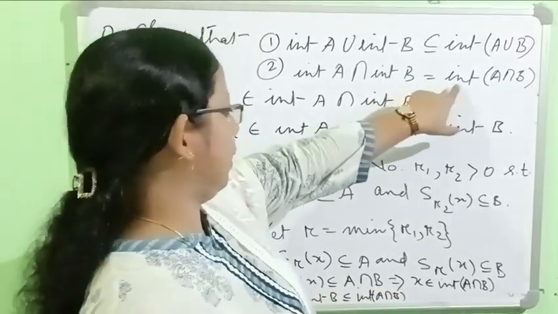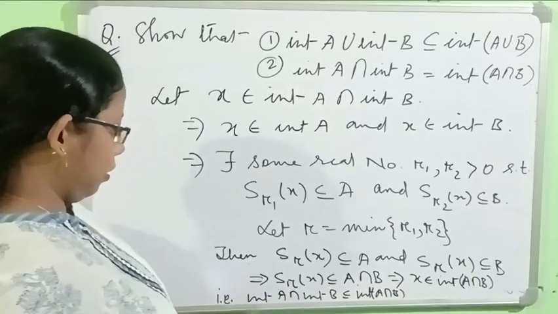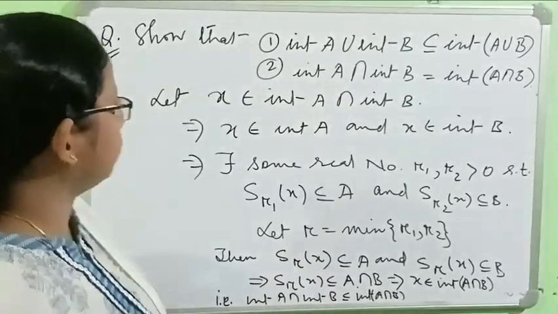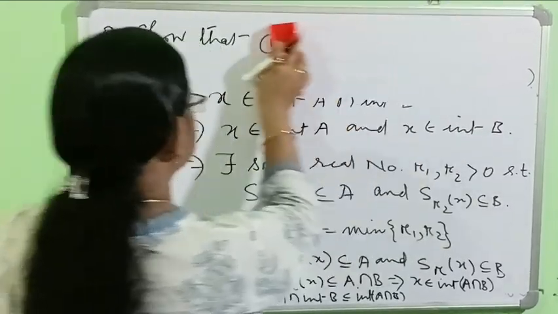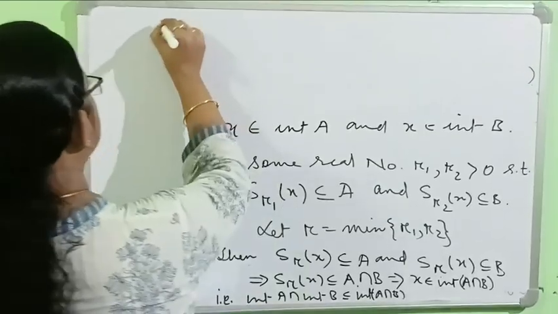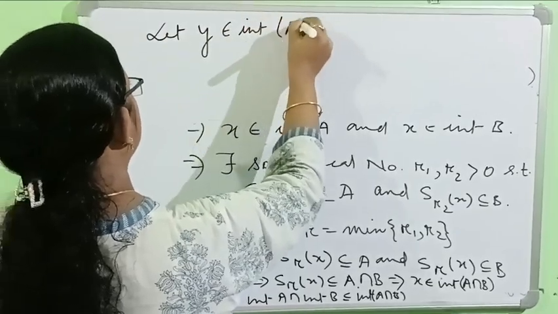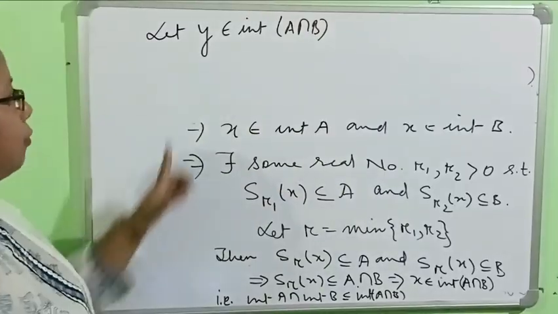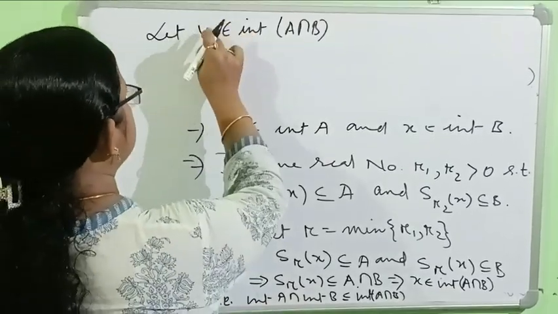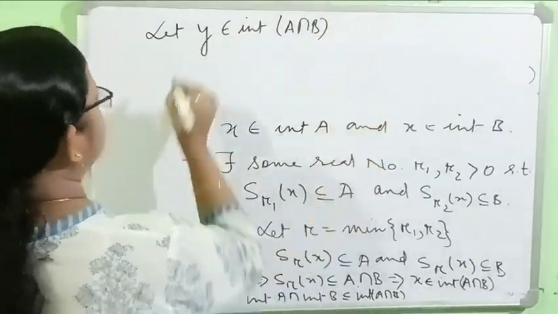To get the equality here, we have to show the reverse inclusion. That is, interior of A intersection B is contained in interior of A intersection interior of B. So consider y belonging to interior of A intersection B. When y belongs to interior of A intersection B, that means there exists some open sphere centered at y containing this set, for some real number r greater than 0.